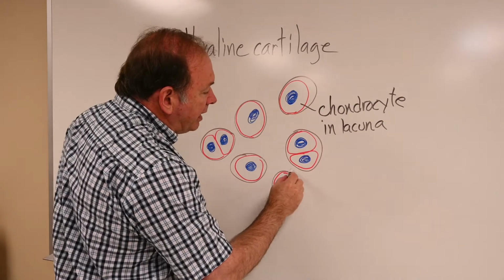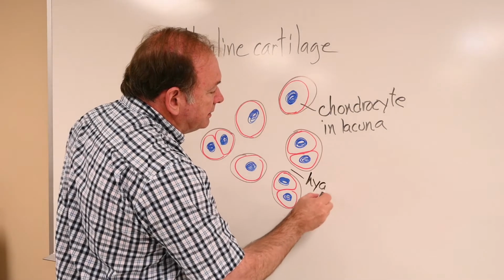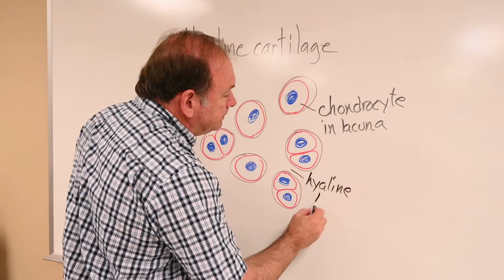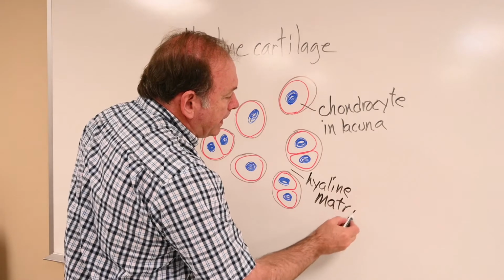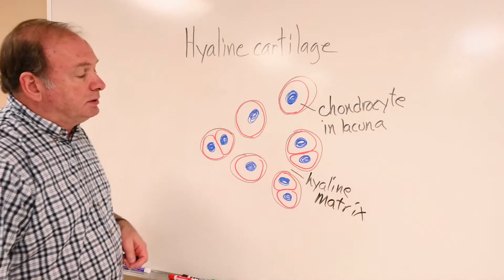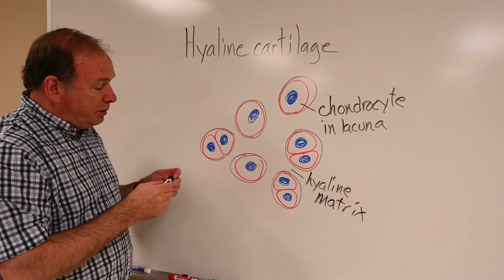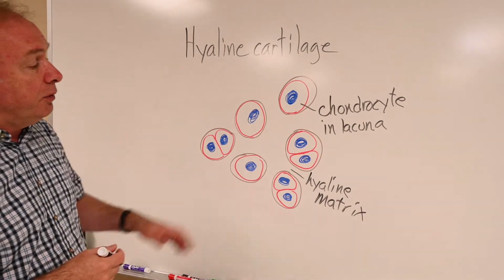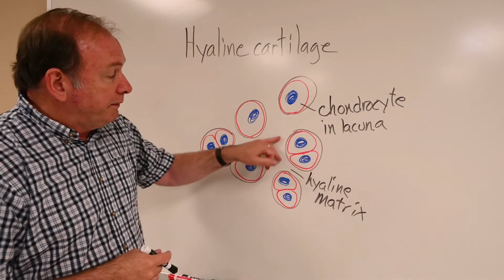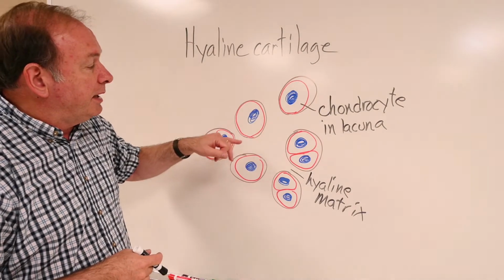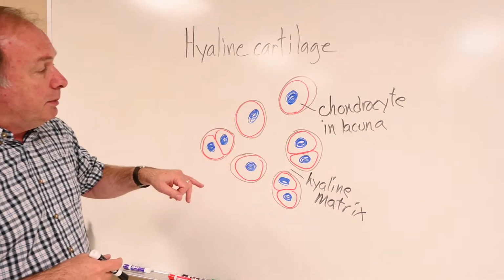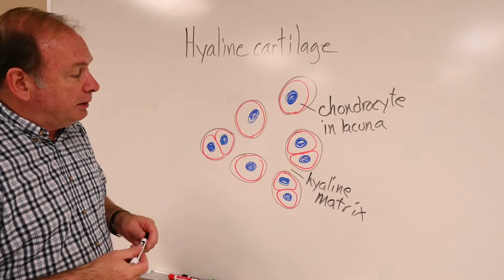Outside of that, we have our hyaline matrix. Our glassy matrix out there. So that's basically all there is to the hyaline cartilage. No fibers to deal with. There's a fair amount of matrix material out here, extracellular material. Anyway, that's hyaline cartilage.